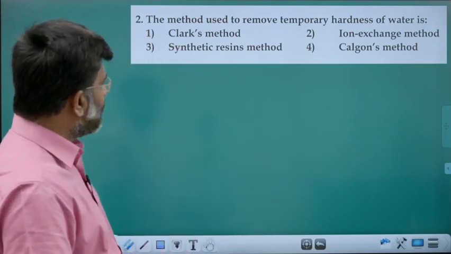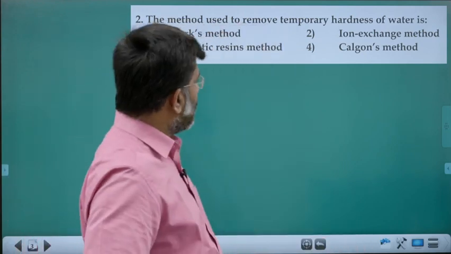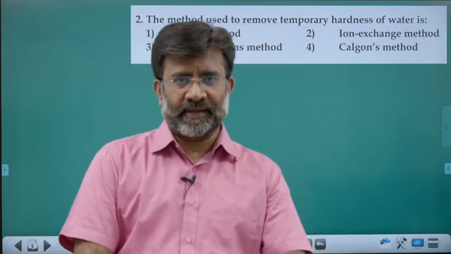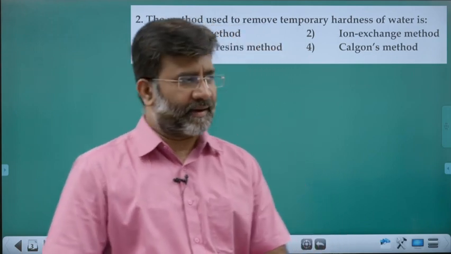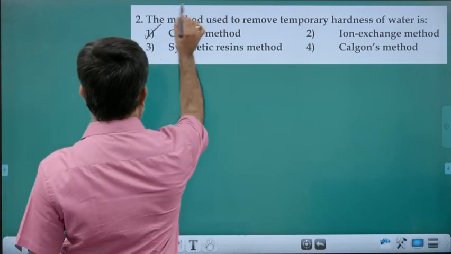Then the synthetic resin method, organic synthetic resin method. Then the ion exchange method, that is the permutit process, right? Using silicates, zeolites, etc. So the answer here is no doubt the first choice itself.